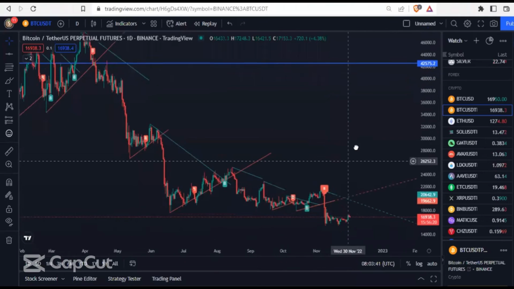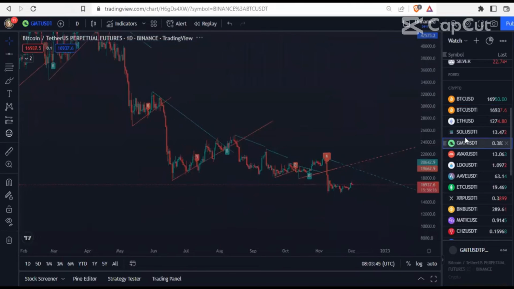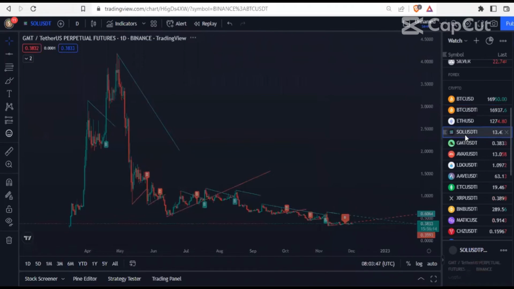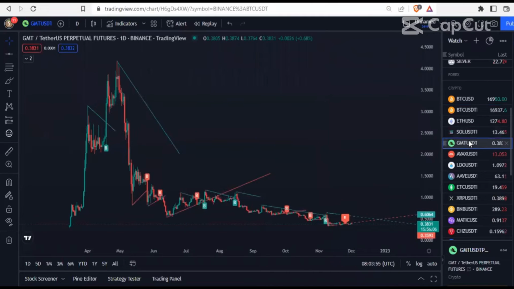That is it on the daily. You can use it to check other coins too. It can easily help you identify trend breaks, so that you'll be able to understand the direction of the trend.